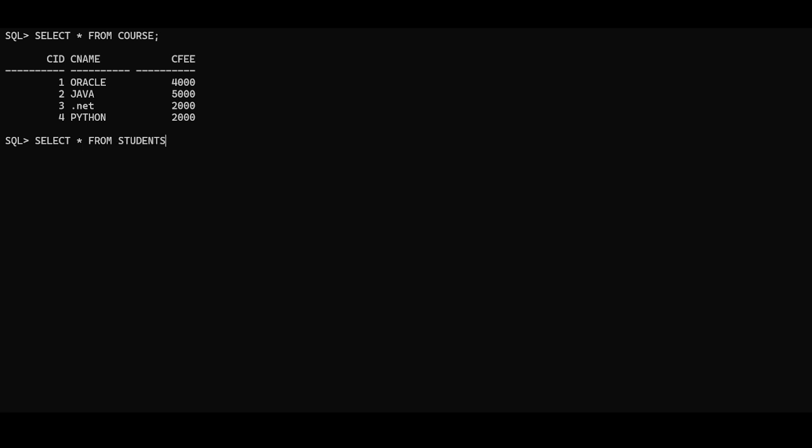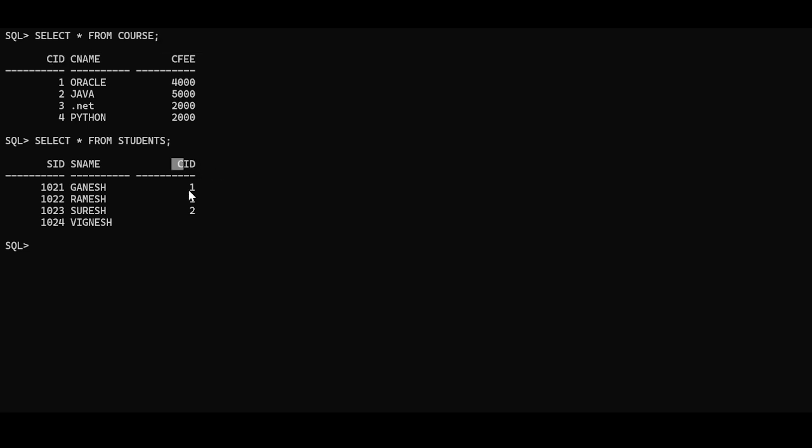I have the course table. I have the student table. If I want to join these two tables, I will be joining based upon the course ID, CID.